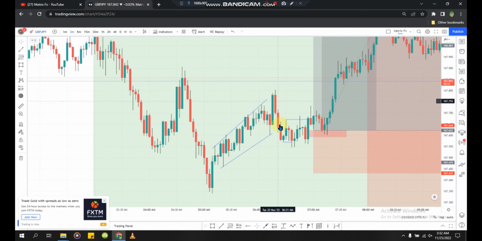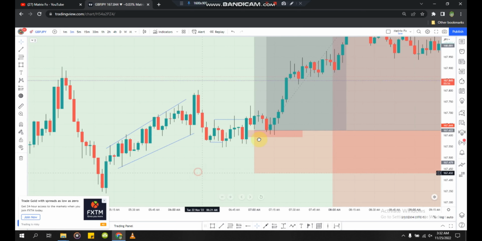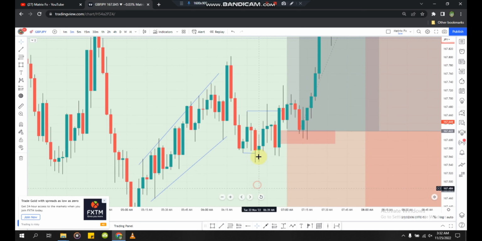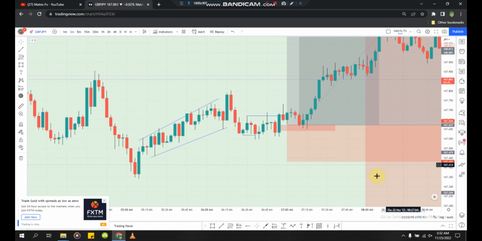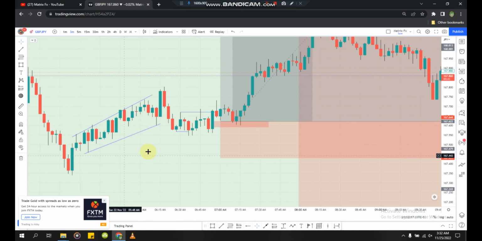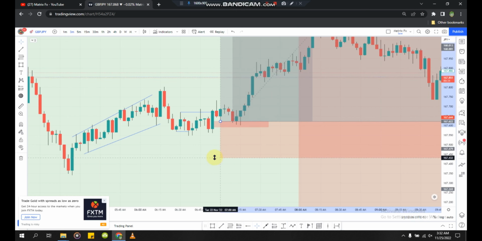Now, after the market did that, you should go to your lower time frame. You see this, then this break right here. In our 1 minute, there is a fair value gap. I won't be going to the 1 minute. You can do that in your free time. So in our 1 minute, we have a fair value gap there. The market trades back into that fair value gap. My stop loss is obviously just at this order block. You can see this order block right here. That's where my stop loss is.